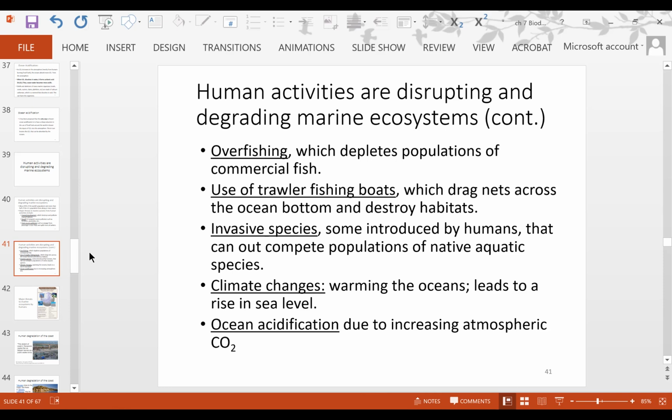If you have nets offshore where you're farming fish, if any of those fish escape, then you are introducing invasive species of fish. Some of them can outcompete populations of the native aquatic species. Climate change, for example, warming the oceans, leading to sea level rise, and then the ocean acidification that I just discussed.